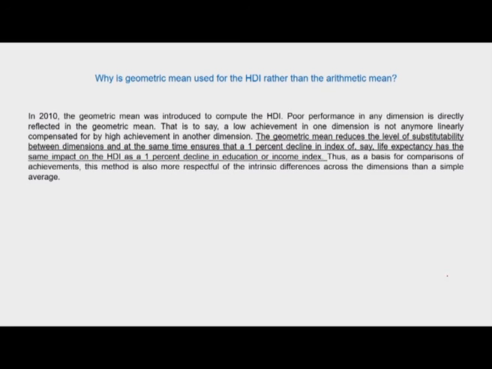So, as a basis for comparisons of achievements, this method is more respectful of the intrinsic differences across the dimensions than a simple average. Now, let me also inform my class here that the methods of computation of HDI have been in real flux.